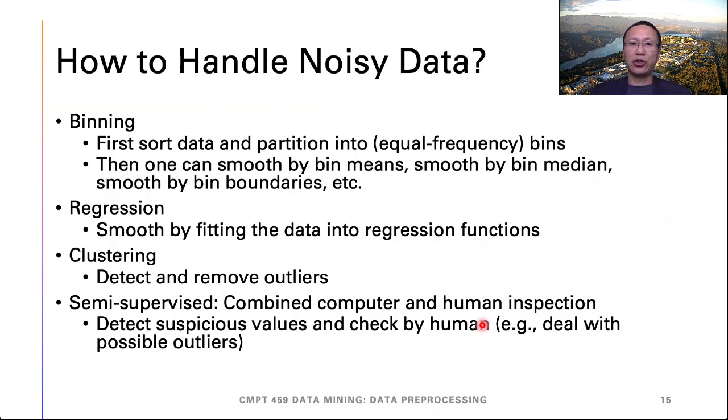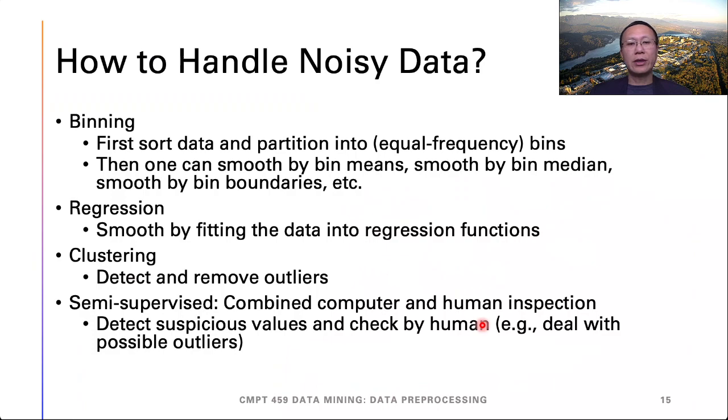As we introduced in the first lecture, clustering tries to identify groups of data that are similar to each other, so that data in different groups are very different from each other. By identifying clusters, you can remove those outliers, which are the data points that are far away from any major group. After removing such outliers, the data can become, hopefully, cleaner.